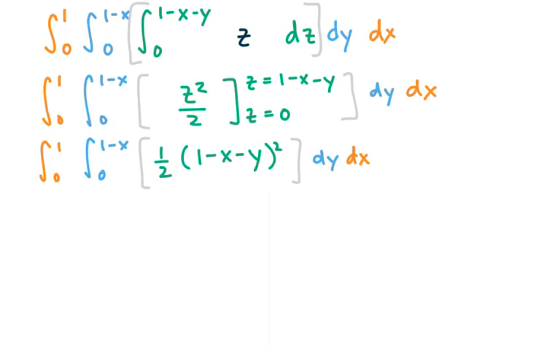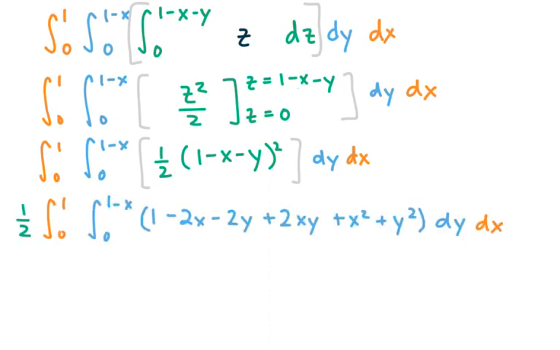It looks like this. I'm going to pull my 1/2 in front. I'm going to square this, which is going to be 6 terms that I have to deal with. So once I FOIL that, I have 1 minus 2x minus 2y plus 2xy plus x squared plus y squared. That 1/2 came in front.